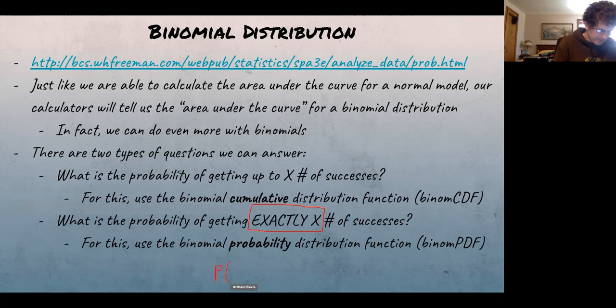The probability of your random variable equaling exactly a number is N choose K times the probability of success raised to the K power times the probability of failure, represented by 1 minus P, to the N minus K power. This is the formal formula for your binomial PDF.